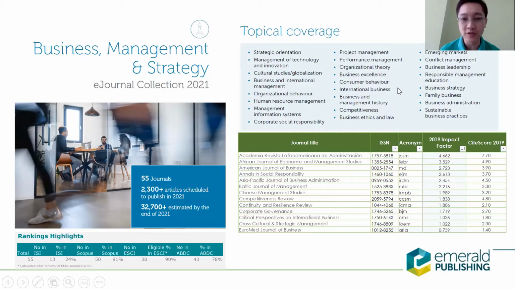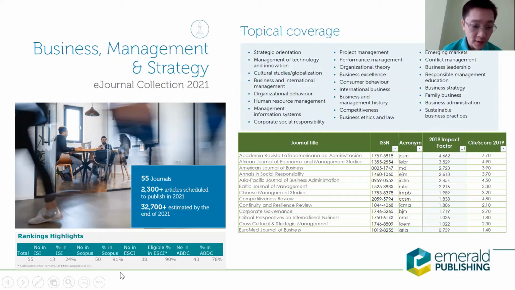Well, basically you can refer here. 55 journals, this is our biggest collection in Emerald. Under these 55 journals, 50 are in Scopus. Now this is 2010 data, not 2021 data, so it would probably be more or less similar, or one or two different.